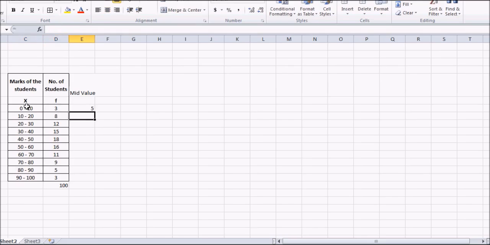The next one, between 20 and 10, it's 15. 20 plus 10 divided by 2, which is 15, and so on. We see that the next one would be 25, 35, 45, 55, and so on.